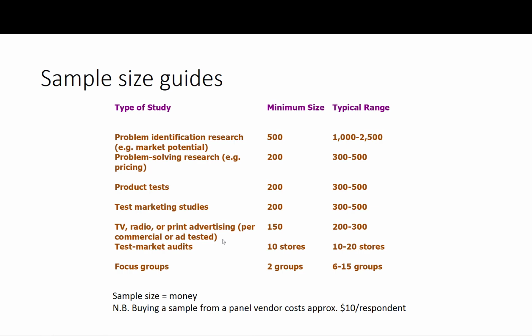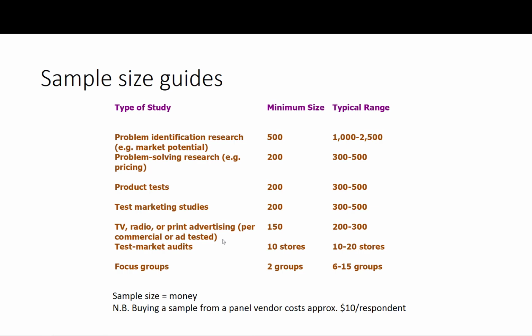However, just be aware that the size of your sample equals money. So for a lot of these studies, they get done online these days using what's called a panel. And a panel is a paid-for service where you pay for respondents, and these are potential respondents.